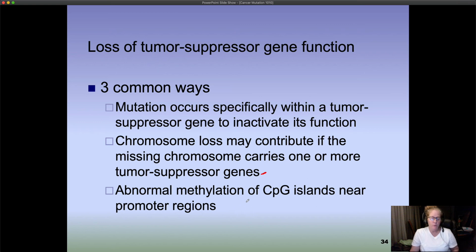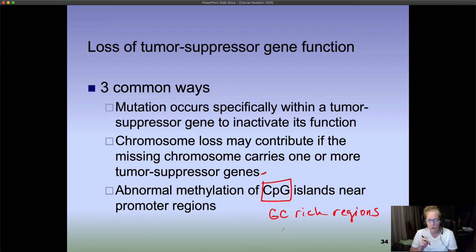And then we have abnormal methylation. Remember a few lectures ago I talked to you about the regulatory regions, like in the operator or in the very beginning of many genes, where we had regions called CpG islands. These are GC-rich regions, and the reason they're important is because G binds to C with three hydrogen bonds. This means that when I have a region of DNA that's very GC-rich, that DNA is harder to break apart.